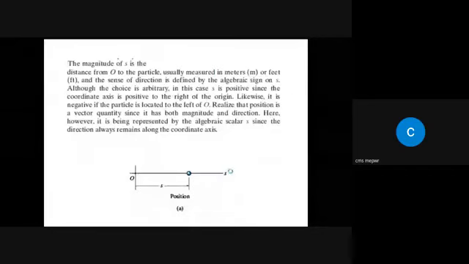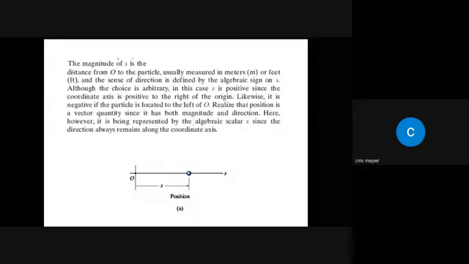Again, the same thing has been explained over here. To show the magnitude of distance covered by an object, we need to use some unit system. The unit can be meter, feet, or some other system.